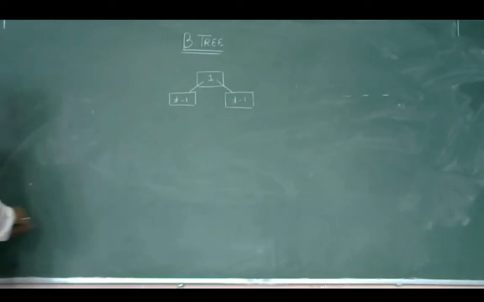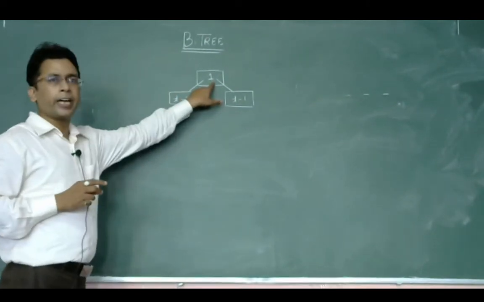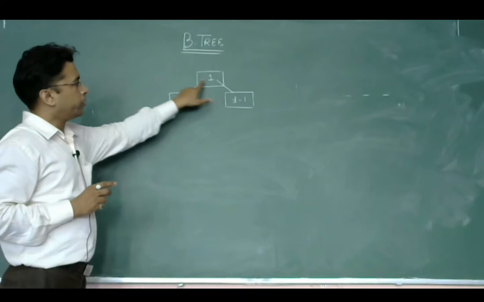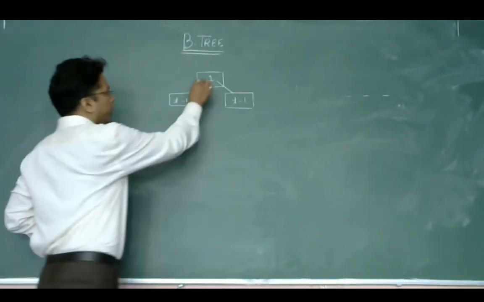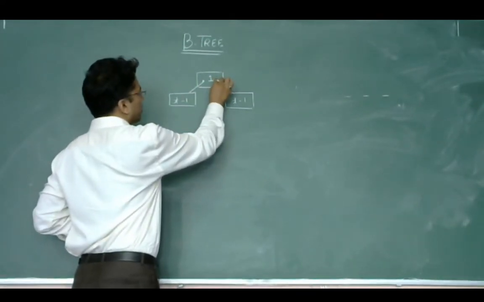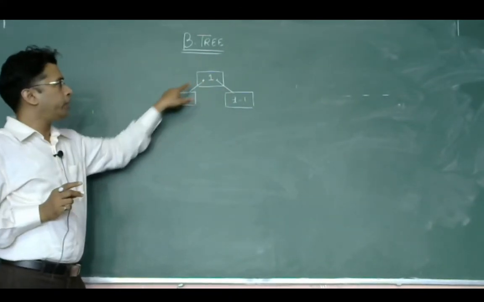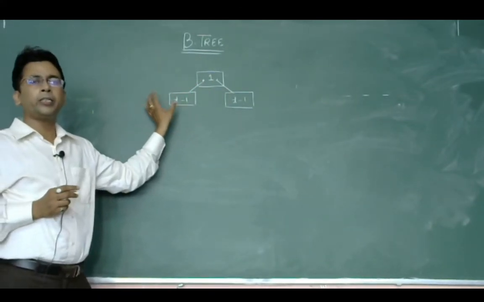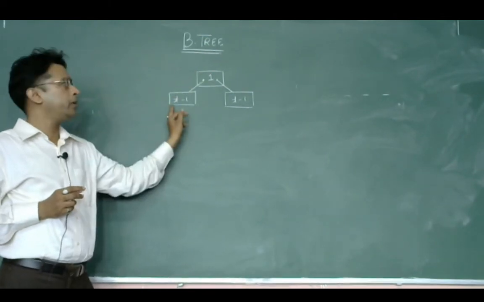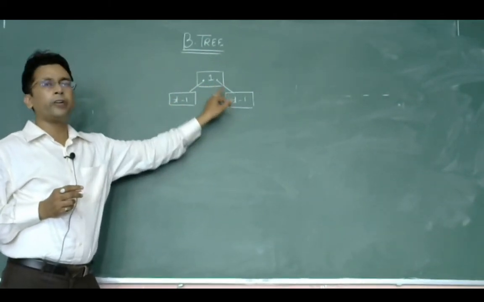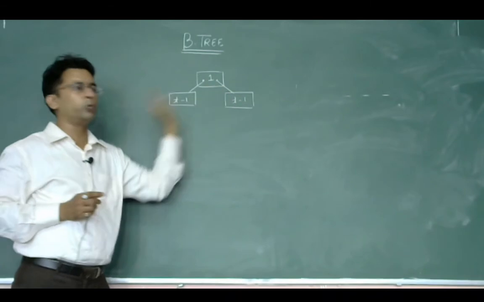So here, the root node can have a single element. There are two pointers associated with the root node, one on the left, one on the right hand side. The left pointer refers to the elements which are smaller than the root element. This pointer refers to the elements which are greater than the root element.